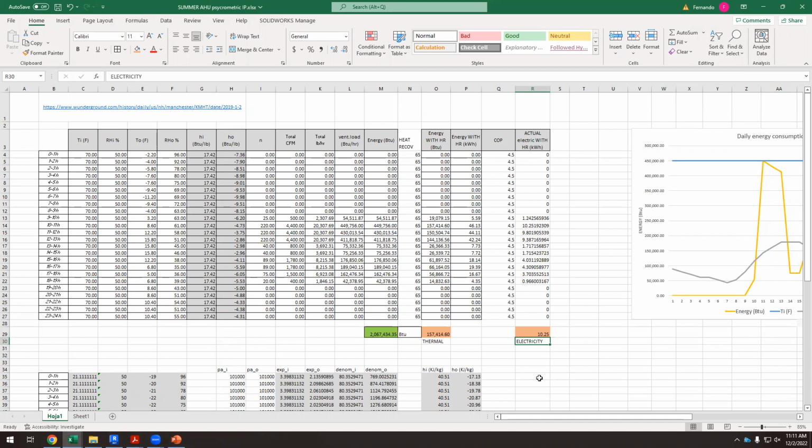Do we need one phase or three phases? There's 50%. So what do you think? One or three? Three.